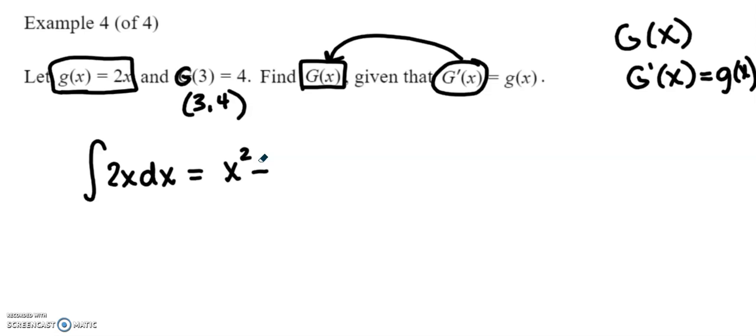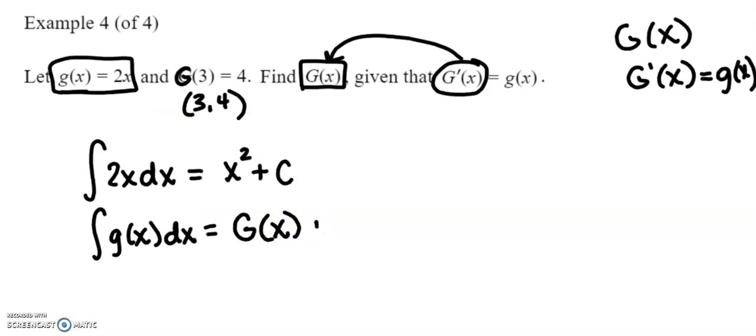And so what I've done is I've taken the antiderivative of g of x dx, which gets me capital G of x plus c, because the other way that I could have thought about little g was big G prime.